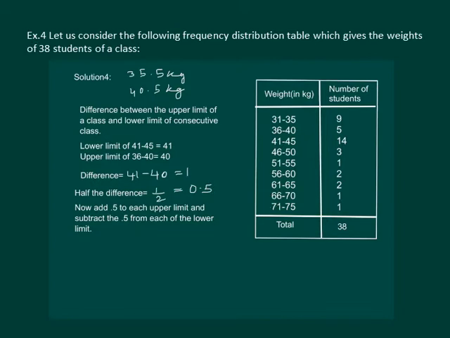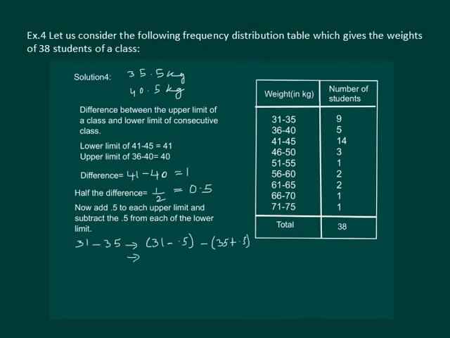So we get first class 31 to 35 will become 31 minus 0.5 to 35 plus 0.5.